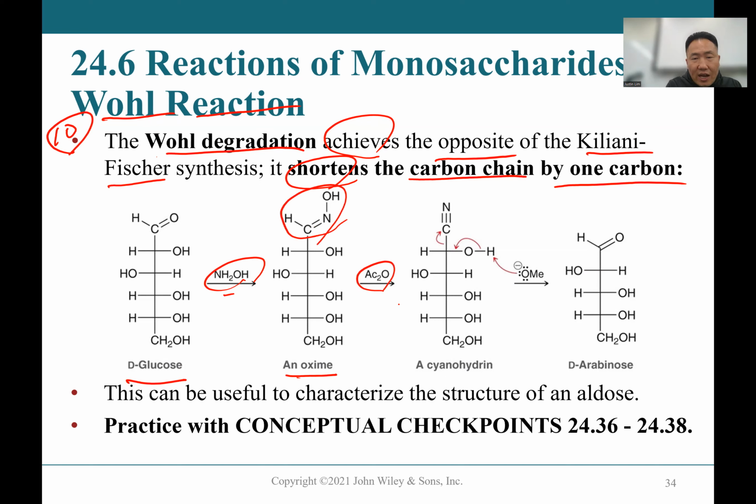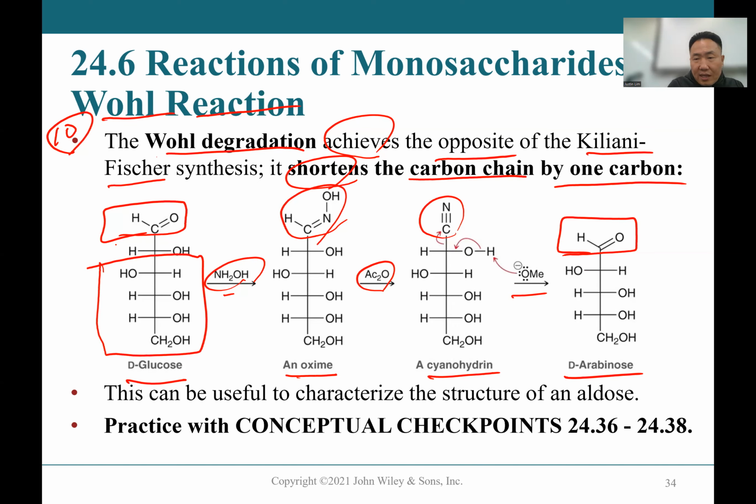And then with an anhydride, you can generate a cyanohydrin. Then a proton transfer step gives arabinose, the product. So basically the aldehyde is the same, this part is all the same, and you can remove this one to shorten the carbon chain by one carbon.